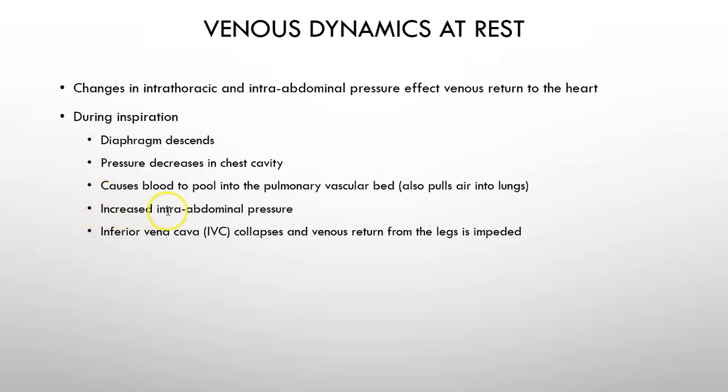This also increases the intra-abdominal pressure and forces the inferior vena cava to collapse, and therefore the venous return from the legs is impeded. So venous return from the legs stops on deep breaths.